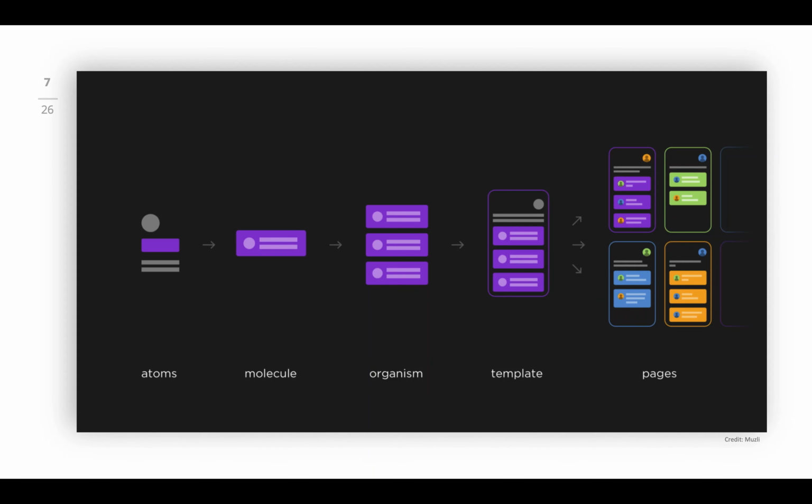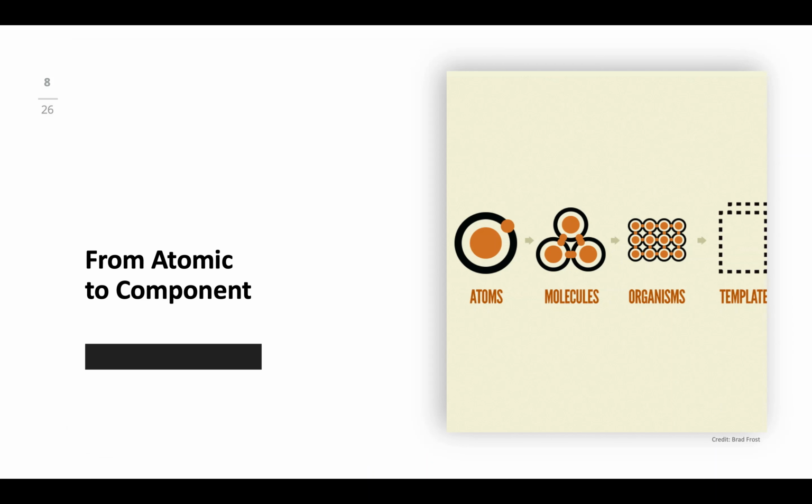You start with an atom, you build a molecule, molecules become organisms, then you have templates and pages. So a 5-step process. A lot of folks had issues understanding that transition of those mixed metaphors from science into actual development. And then came component-based design out of that transition.